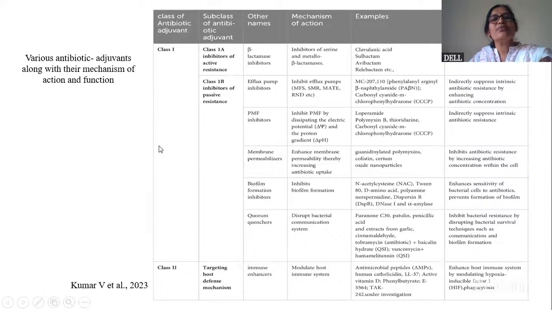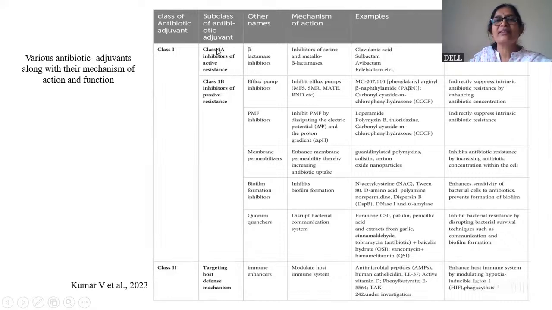So here is one particular table which tries to give you the overall view of antibiotics and adjuvants along with their mechanism of action. Just to recap whatever I have said, there are class 1 adjuvants, that is 1A and 1B. One is for active resistance and the other one is for passive resistance.